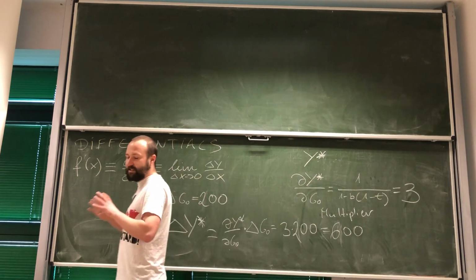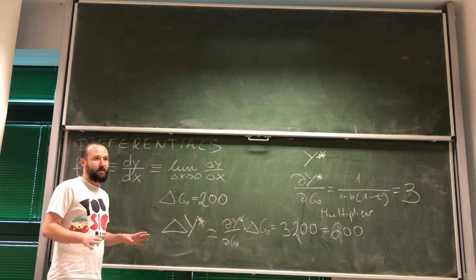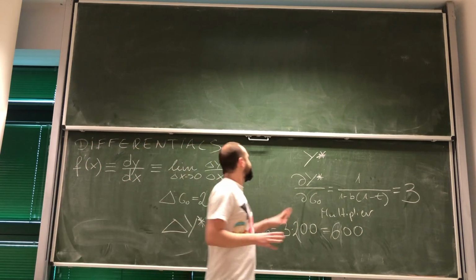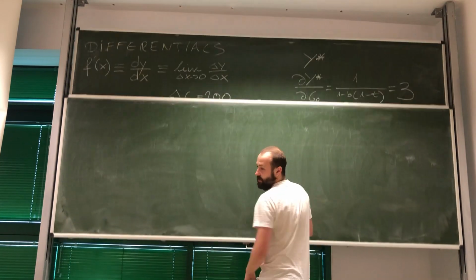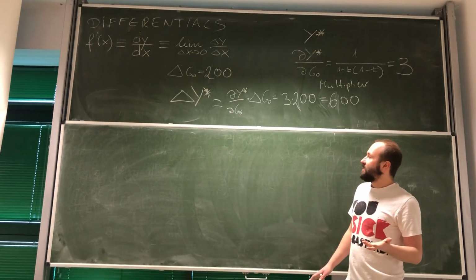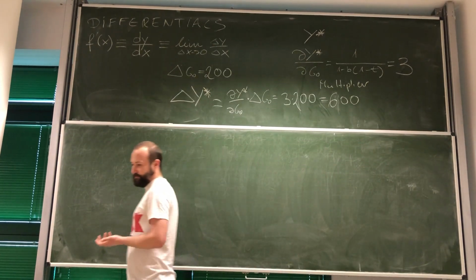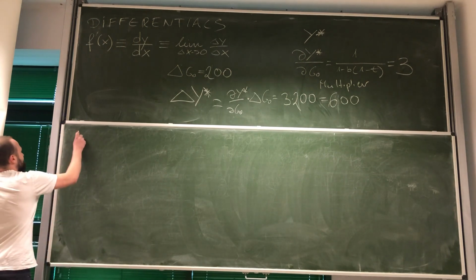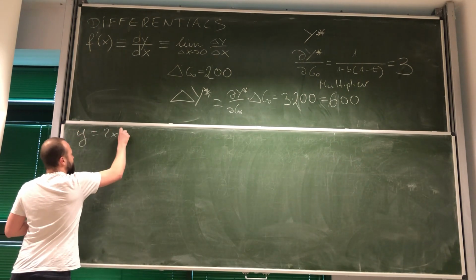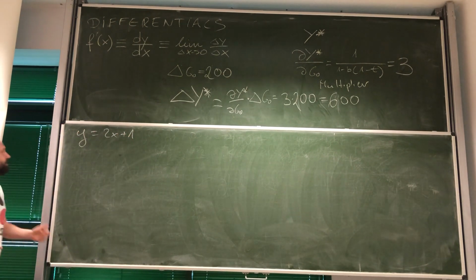They were just very simple linear functions. Of course, an example of a linear function could go like this: y equals 2x plus 1. This is a linear function, right?